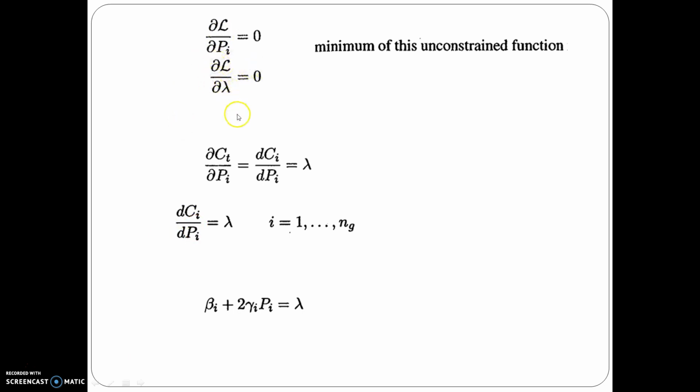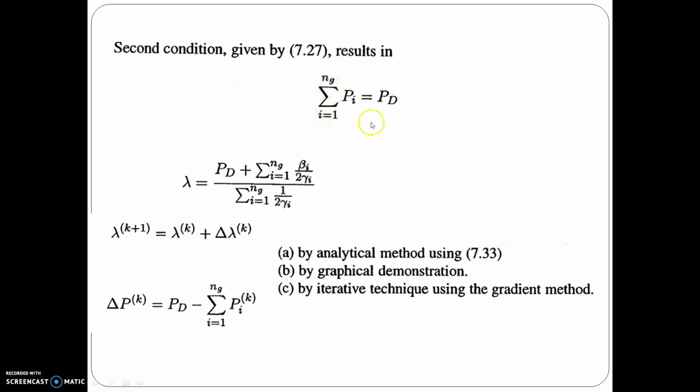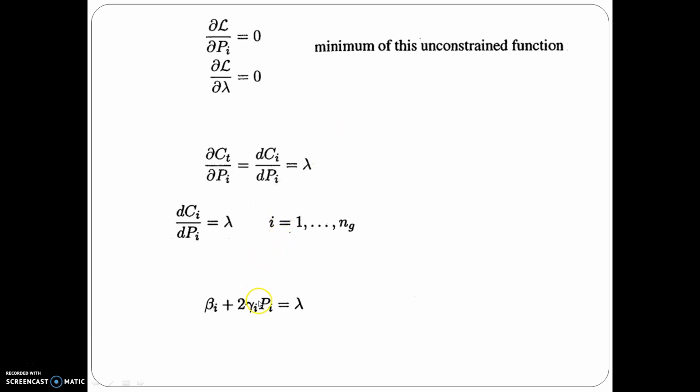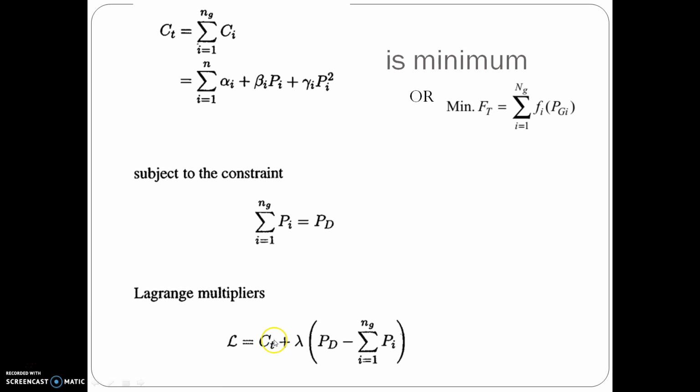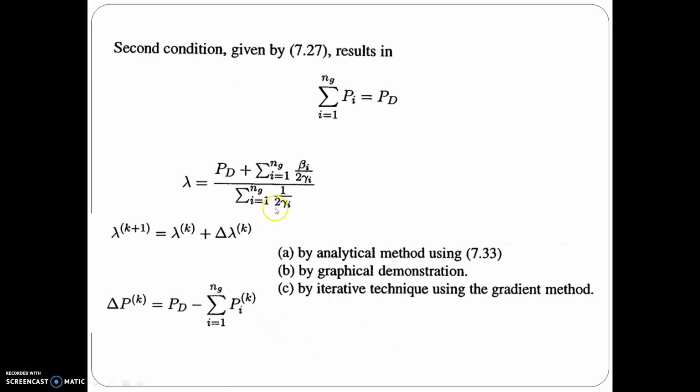The second sufficient condition gives that total generation should be equal to demand. When we substitute these conditions in the Lagrangian, we get lambda equal to PD plus summation of beta i divided by 2 gamma i, divided by summation of 1 divided by 2 gamma i.